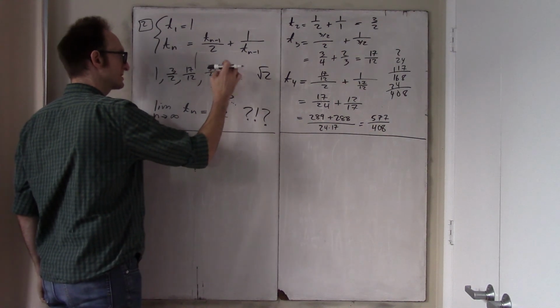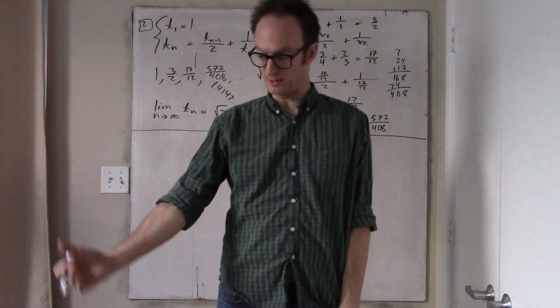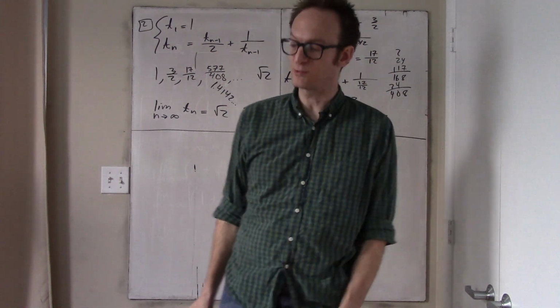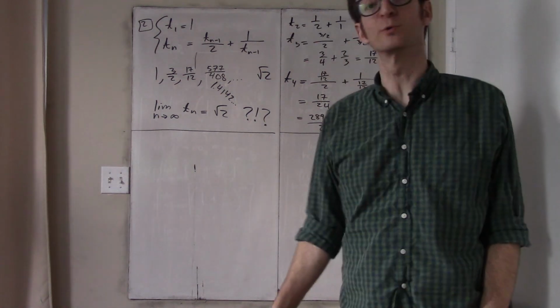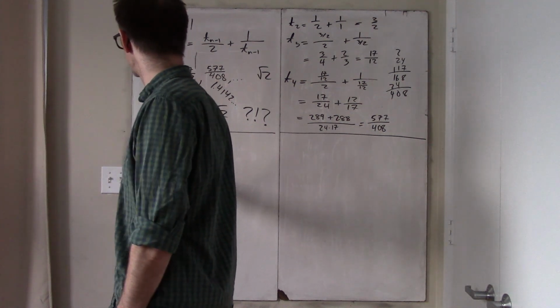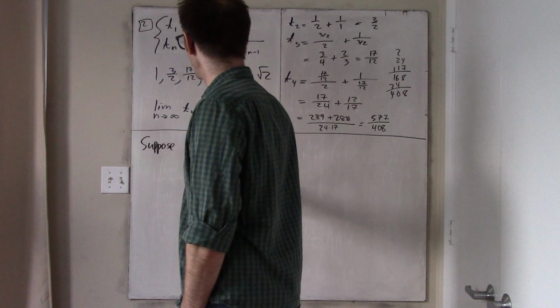I am just going to take it for granted that the terms of this sequence are going somewhere. But I will prove to you that, on the assumption that this sequence has a limit, this limit is root 2.